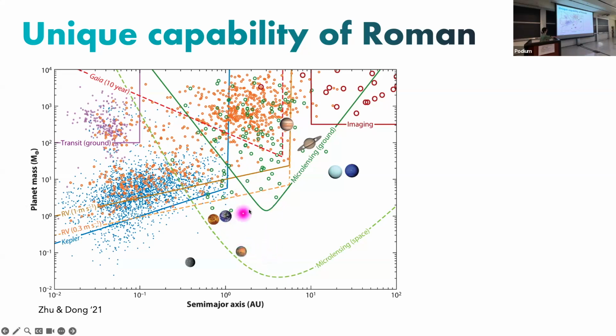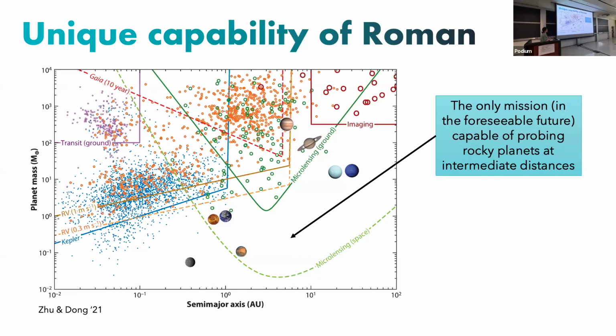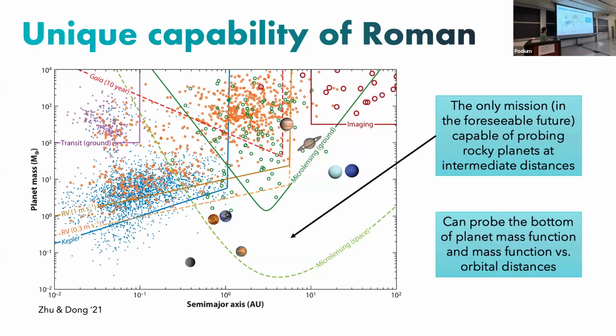I'm not just talking about the rocky planets, but all the way down to a couple moon mass objects at intermediate distances, as well as Neptune size and even rocky planets at wide orbits beyond 10 AU or so. And with that, we can have a better understanding of the shape of the overall mass function of the planets down to the bottom of that mass function.